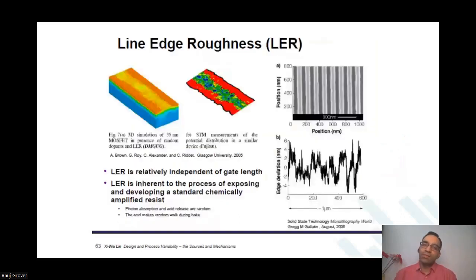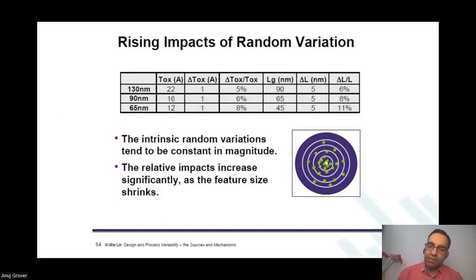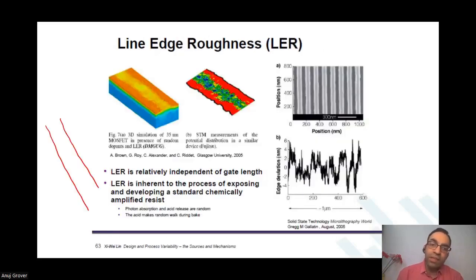Another random variation is line edge roughness. What does line edge roughness mean? Line edge roughness means that you wanted to design a poly which is of one particular width throughout. Whereas poly in itself is a polycrystalline material.